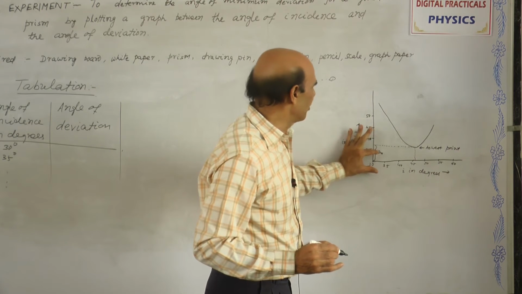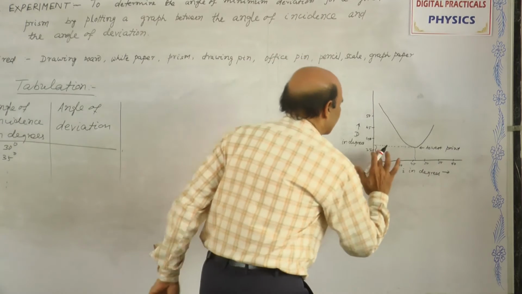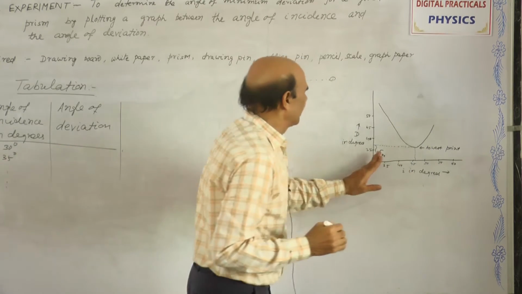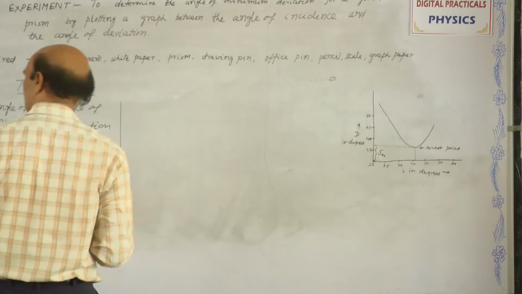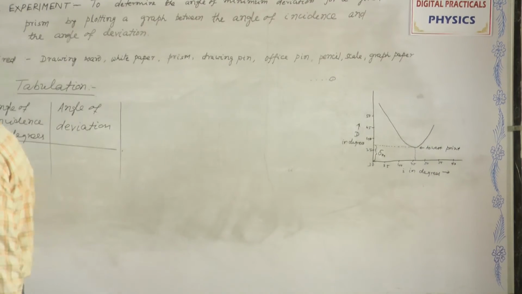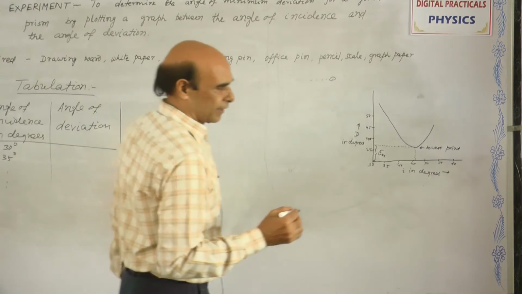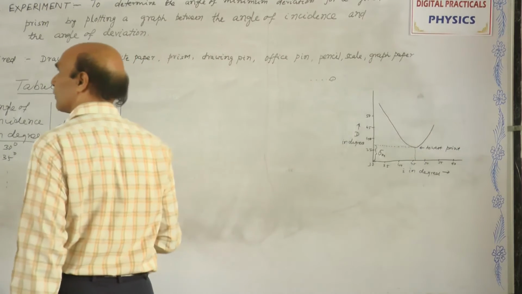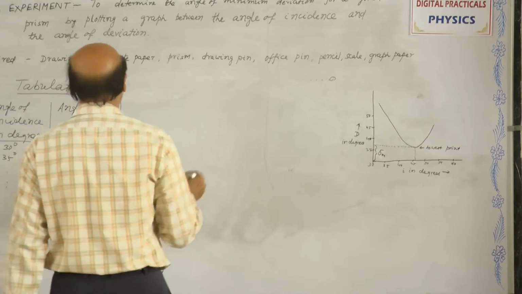M stands for minimum. This is D_M, delta M also you can write, the angle of minimum deviation. Then knowing this value of the angle of deviation, you can also find the refractive index of the material of the given prism.